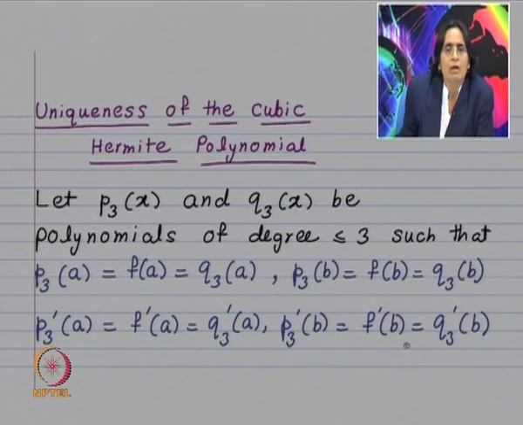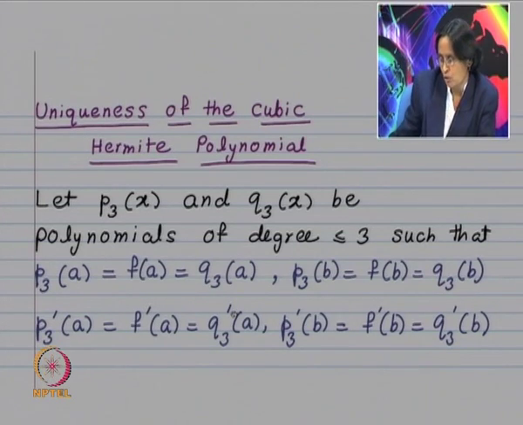That means, when we count according to the multiplicity, P3 minus Q3 has 4 zeros, but it is a polynomial of degree less than or equal to 3. So, it has to be the zero polynomial.